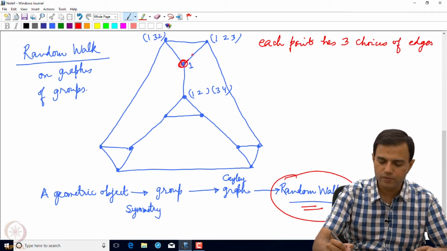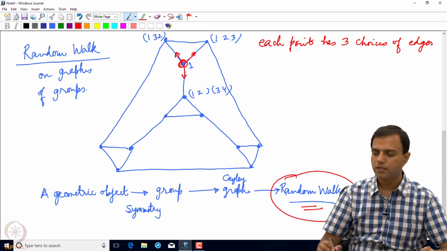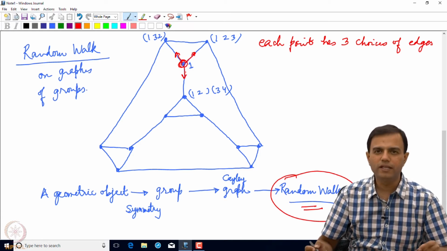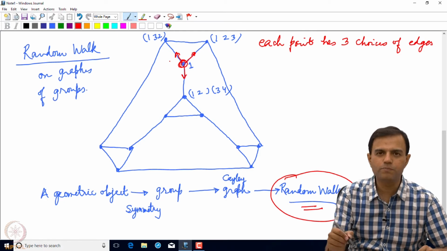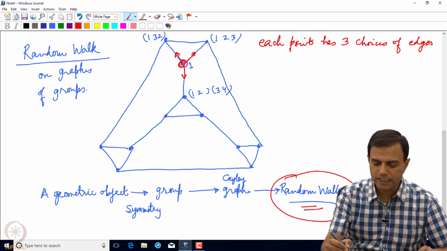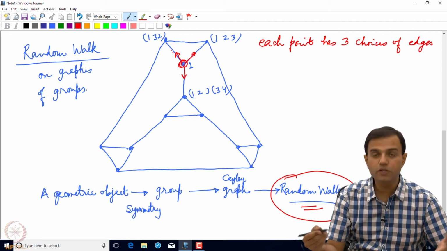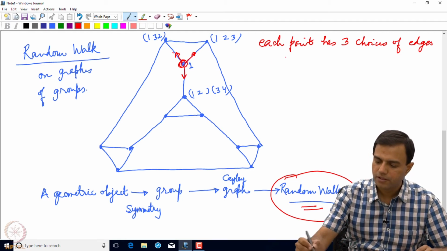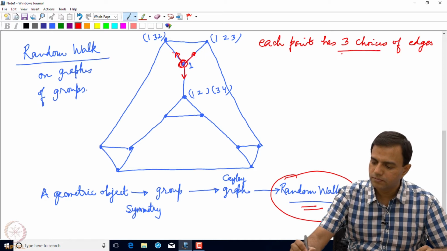From here you can either go here, or here, or here. What if we assign probability? Let's say there is equal probability of taking this direction, that direction, and that direction. So 3 choices, say with uniform probability.